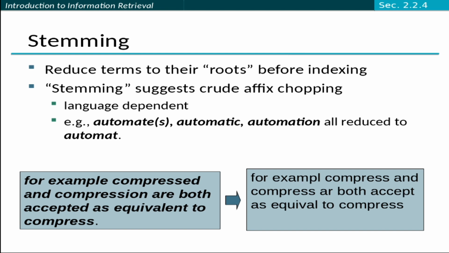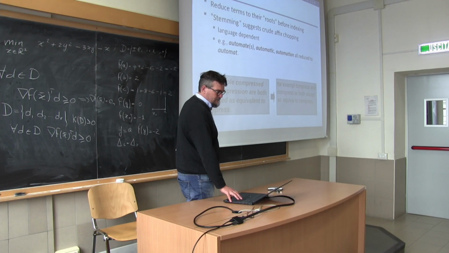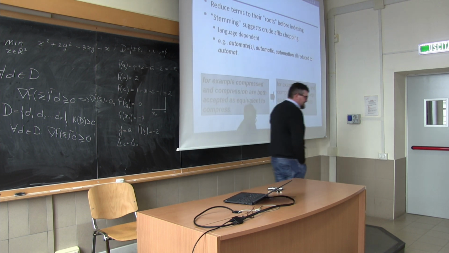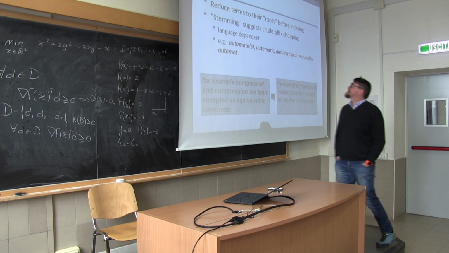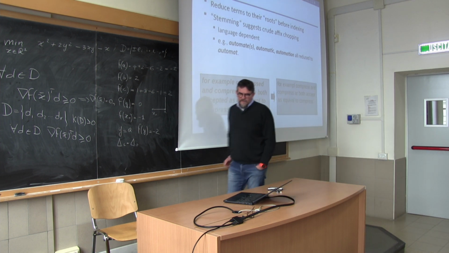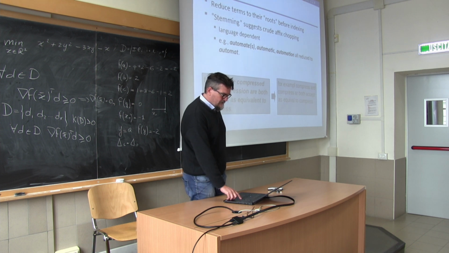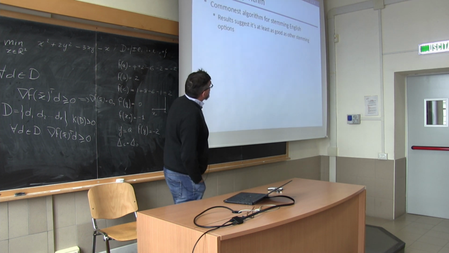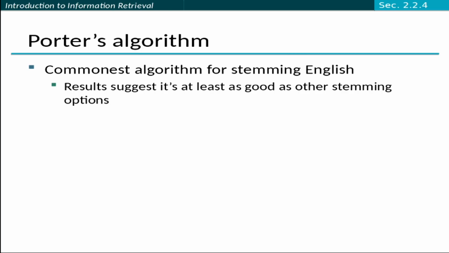Okay, how can we do stemming? What kind of algorithm can be used? One of the possibilities is to use the Porter algorithm. It's actually one of the most commonly used for English.